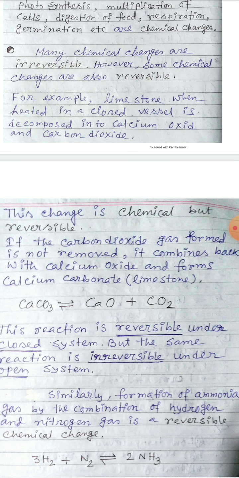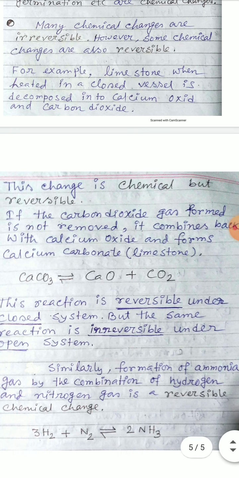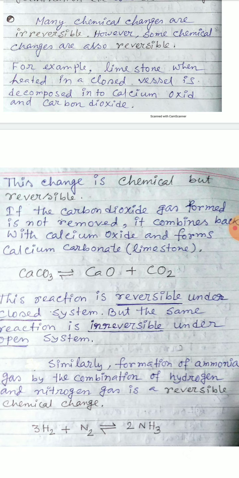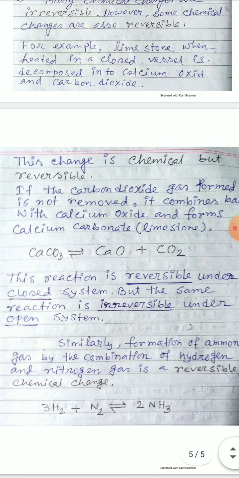The reversible change is generally represented by a double-sided arrow. The equation is CaCO3 reversible arrow CaO plus CO2. This reaction is reversible under a closed system, but the same reaction is irreversible under an open system.